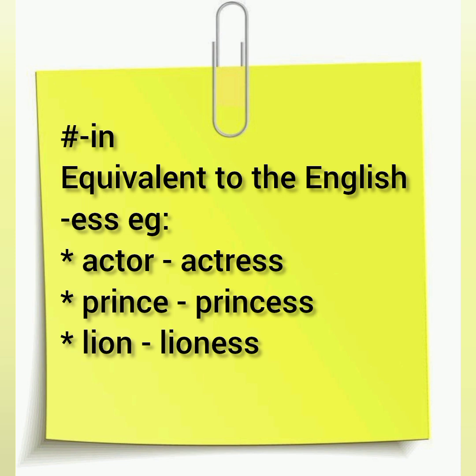For example, actor, actress, prince, princess, lion, lioness. This ess is equivalent to the German suffix in, because in German they normally add this in to most of the male professions and male persons to make them feminine.